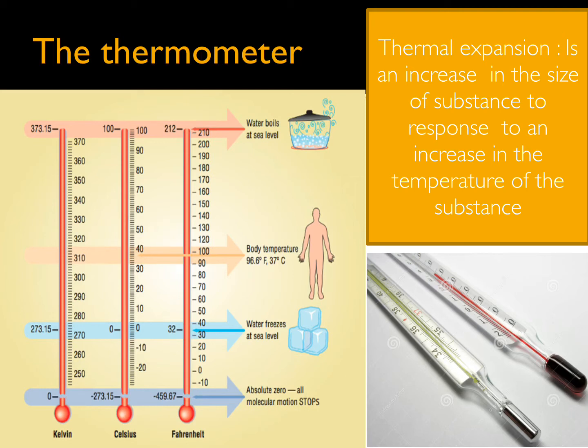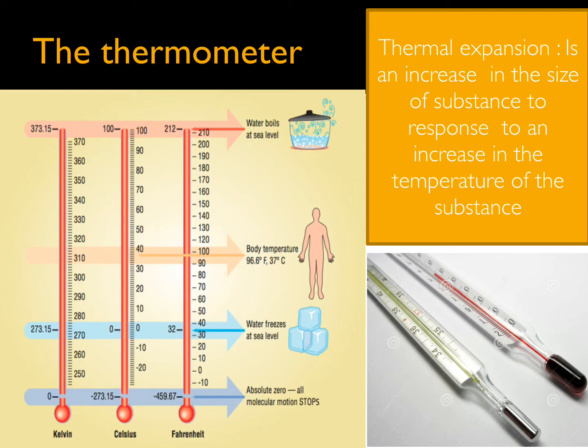So let me explain it in a very simple way. If the object is hot, the temperature of the substance inside the thermometer increases. And you already know that when something's temperature increases, its particles move faster and spread out. And if something spreads out, it takes more space.